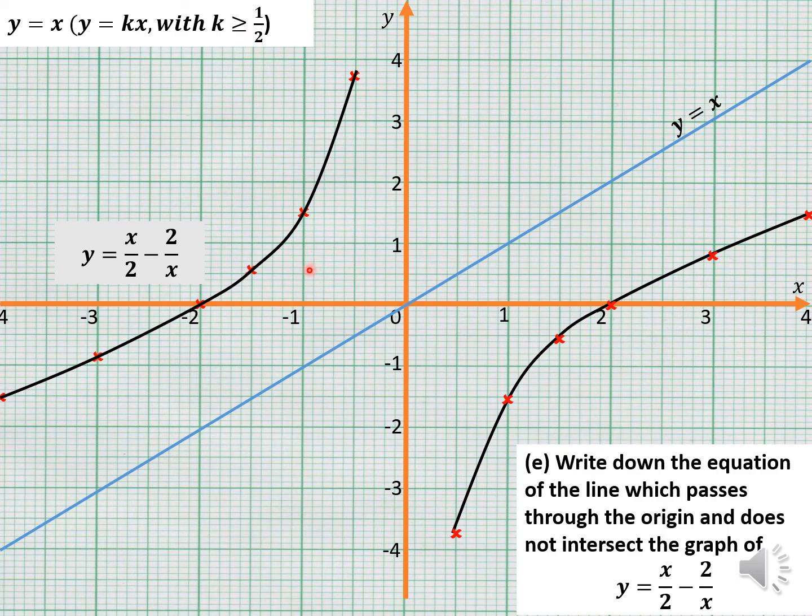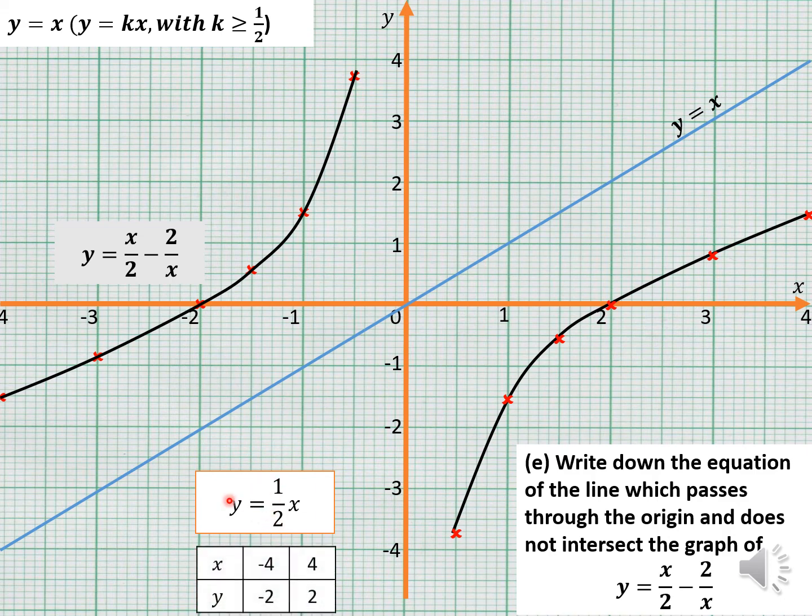So if I take a graph when the gradient is a half, and I bring in a table and complete my table, so for x is negative 4, what do I get? When x is 4, what do I get? So if I plot these points and I draw that graph of y equals a half x, you will see that it will not intersect with my graph. And anything bigger than a half will also work.